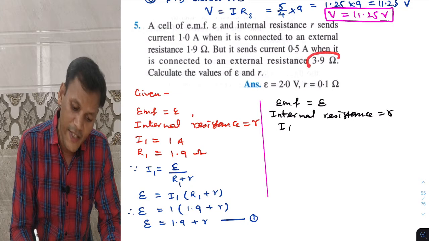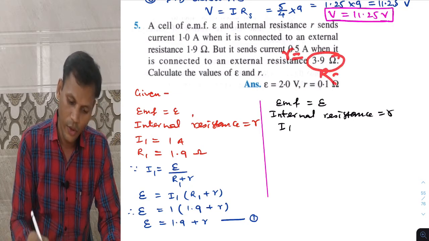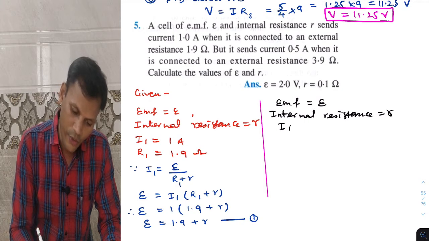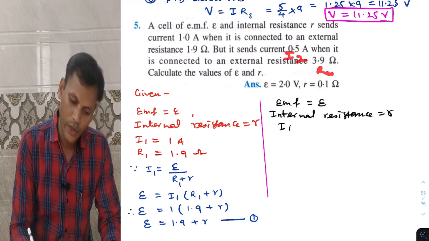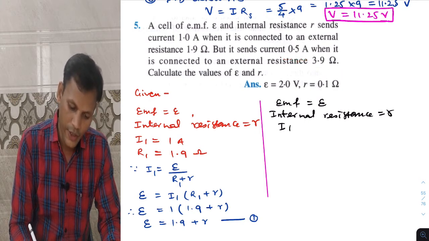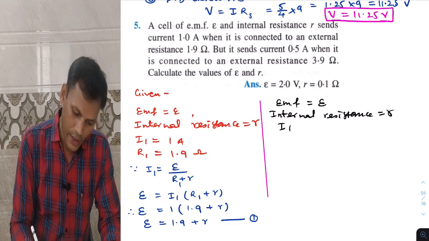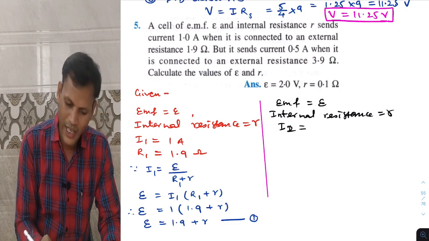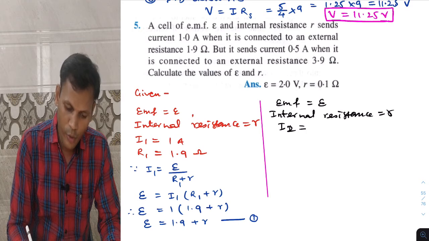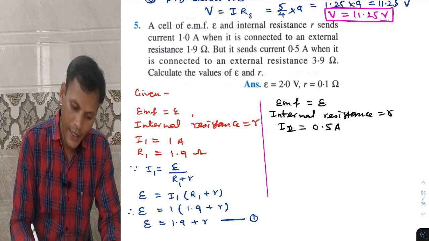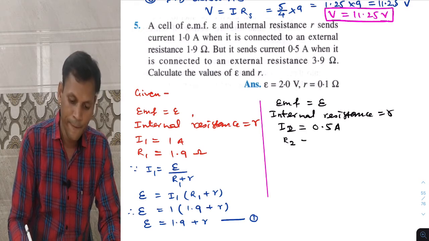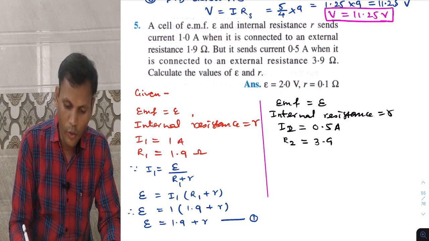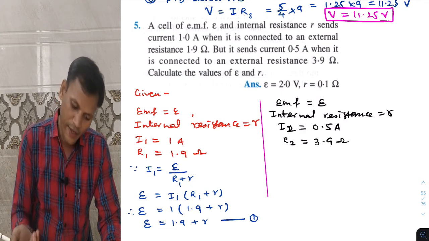Sorry, it is I2 and it is R2. So I2 is equal to 0.5 ampere, because I1 we have already used, and R2 is 3.9 ohm. So again the same formula.